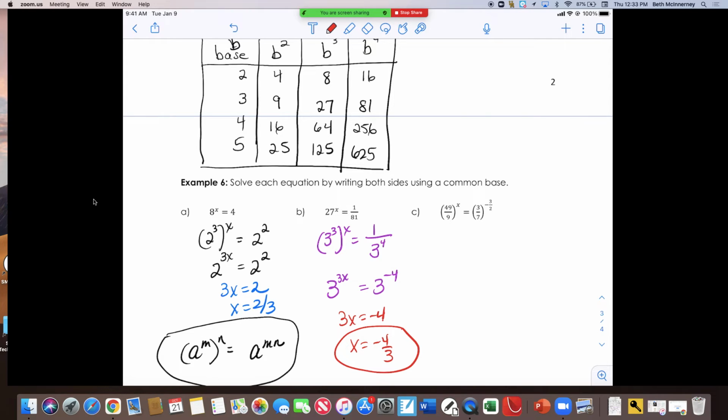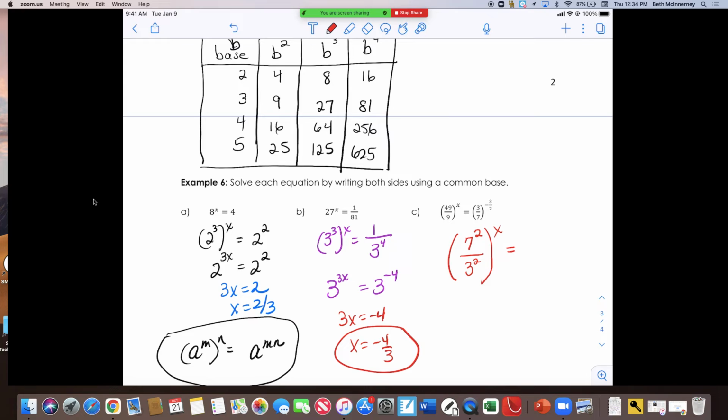All right, letter C. I want to do this one with you because this one's really a doozy of a problem. 49 is 7 squared. 9 is 3 squared. Now, do you see the negative exponent over here? That this is 3/7 to the negative 3/2. Well, guess what I can do?